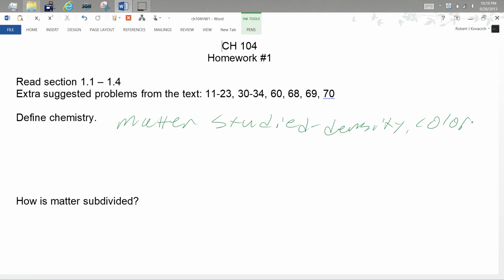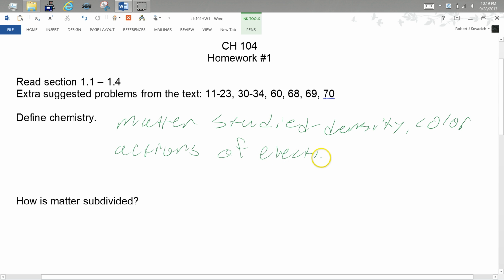How electrically sensitive it is, anything else. Okay, and the other aspect, probably the more important aspect, is the actions of electrons, since all chemistry is about electrons.